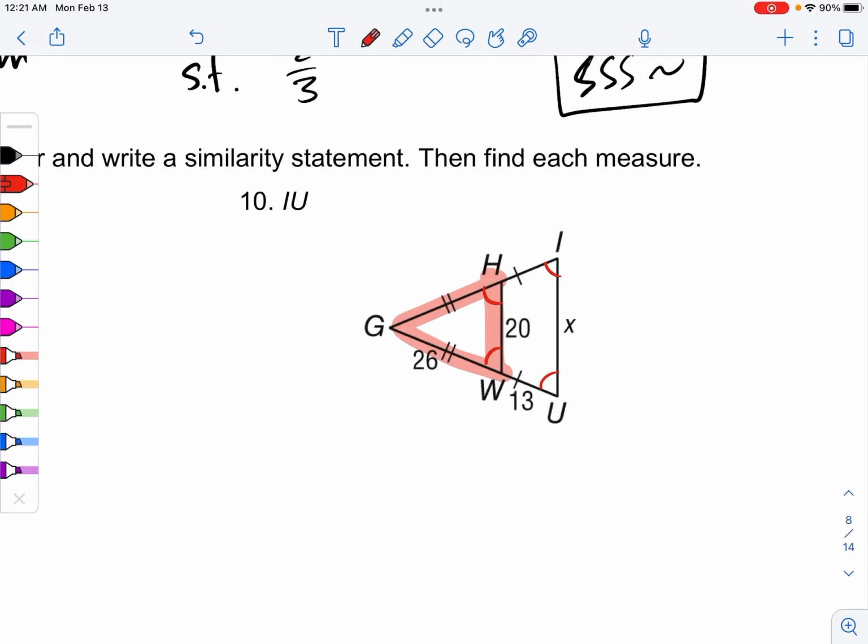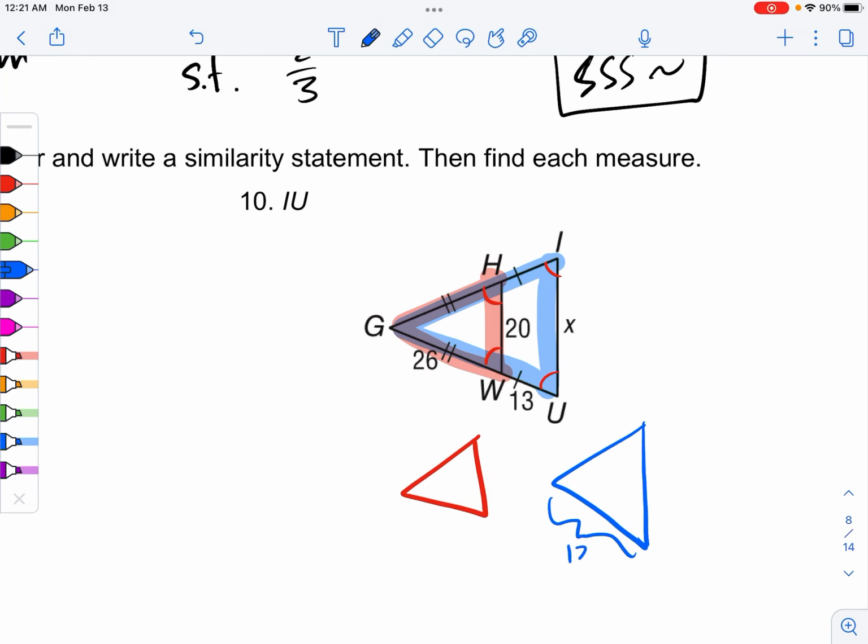Now, here, we do have proportionality. It's just we have to be very, very careful here because we have two triangles. And let me draw this again, a second triangle in blue, because if you look closely, it's very, very tempting to say that this length here is 13, when in reality, it's the combination of these two.